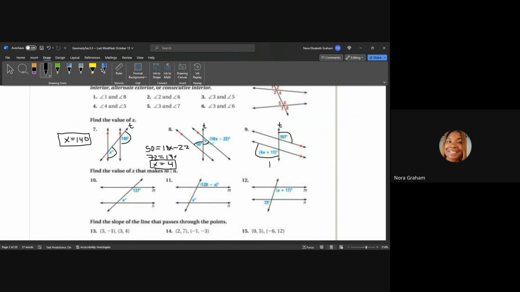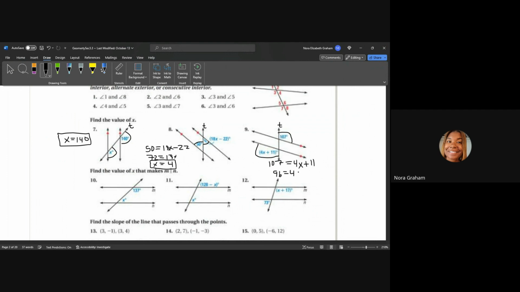So I can say 107 equals 4x plus 11. Okay. And so from there, I subtract 11 from both sides, and so I get 96 equals 4x.